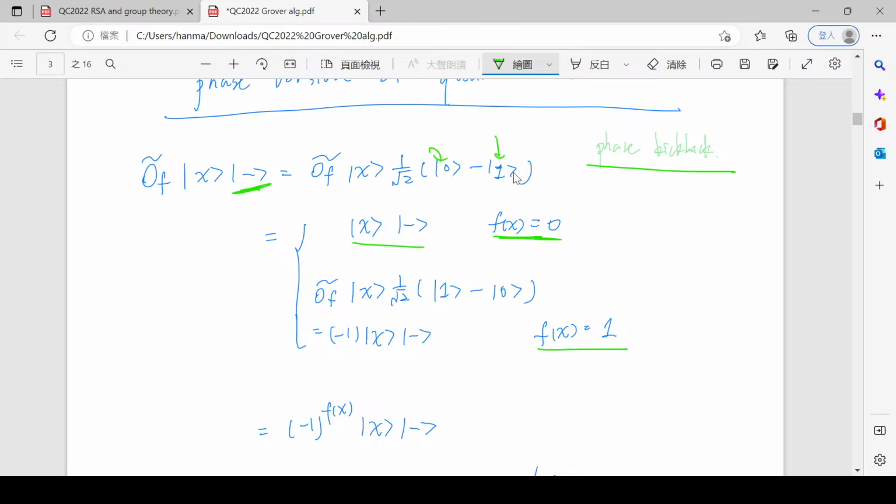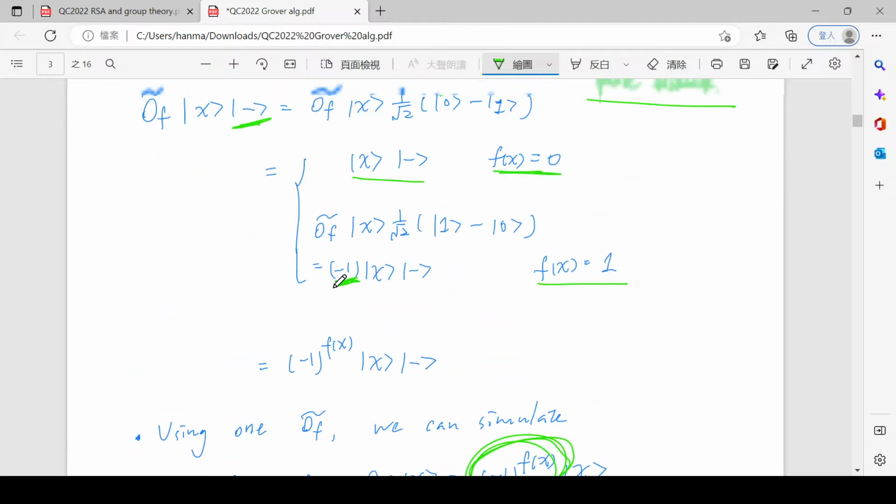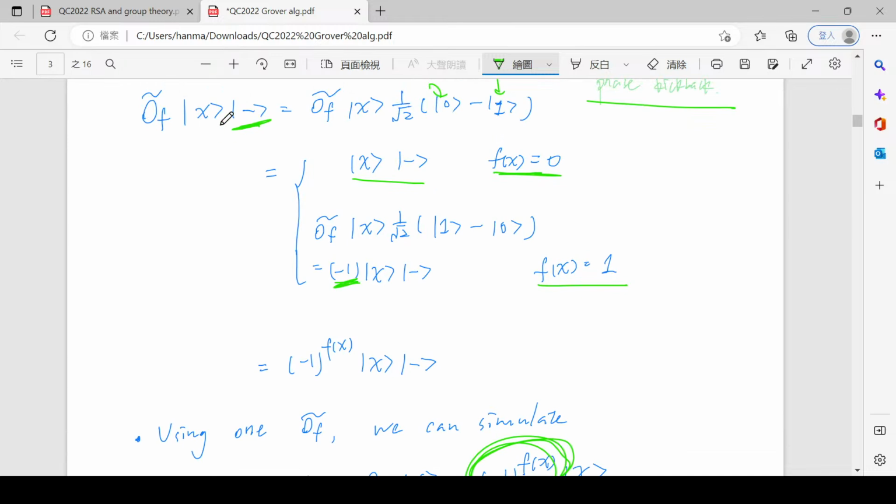Then 0 becomes 1, 1 becomes 0. You swap those two, but you see there is a minus sign, so you get the minus sign. So when f of x equals 1, you get the minus 1 sign. So you get this (-1) to the f of x phase. And then you see that this minus thing always stays minus, so you might as well discard it. It's just a global phase thing.